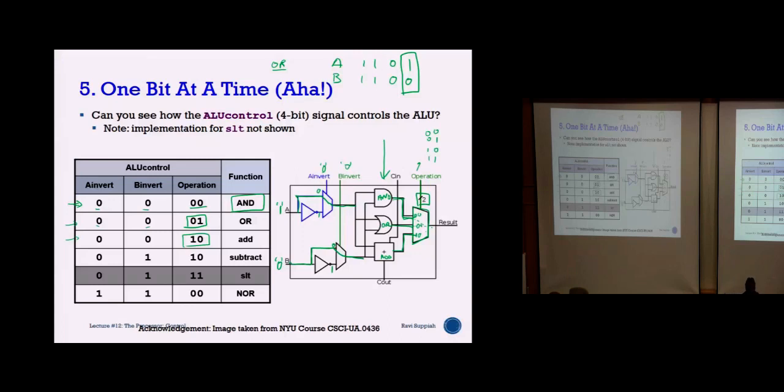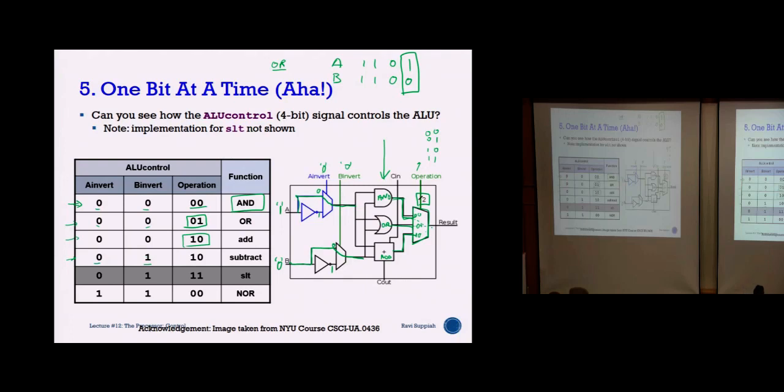Correct? Okay, now let's look at subtract. So subtract, what do we do in the tutorial? When we say you want to subtract two numbers, it is the equivalent of adding the complement, correct? We add the complement. So that is why you can see that for subtract, your A is still 0, but my B invert is 1.